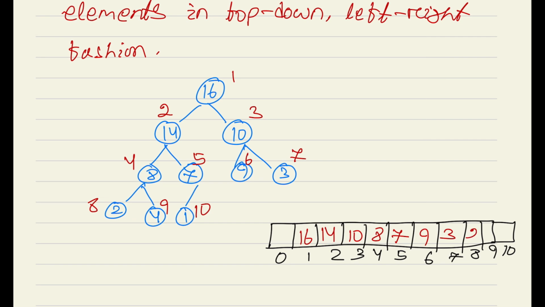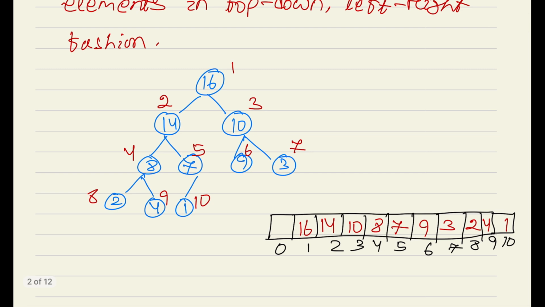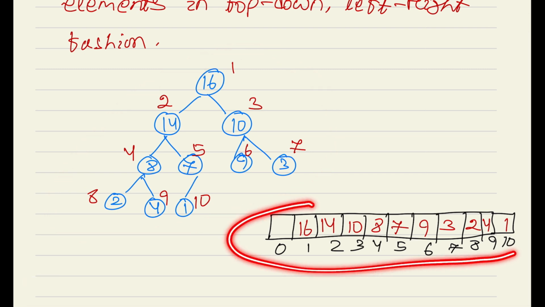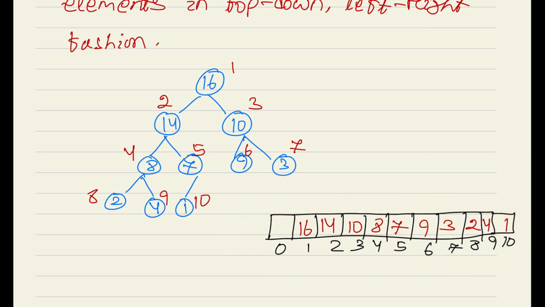Then 4, then 1. In this way, we can represent this heap in an array, and the index values are from 1 to 10. We start from index 1 and the last node is at index 10.